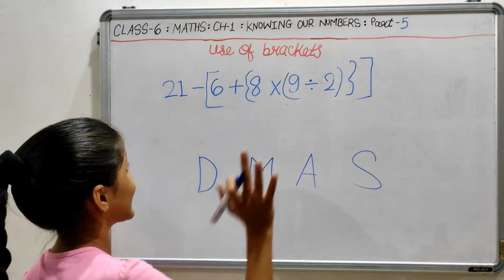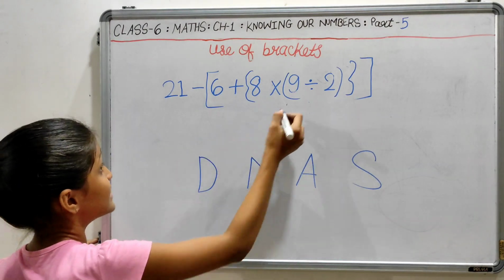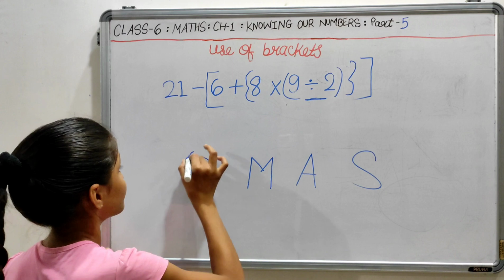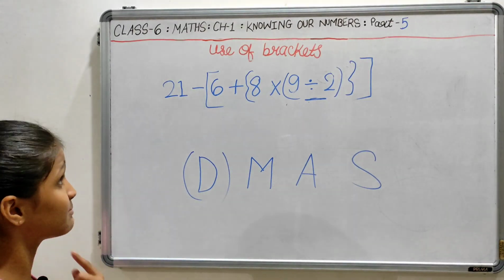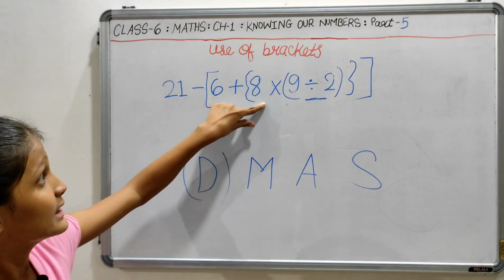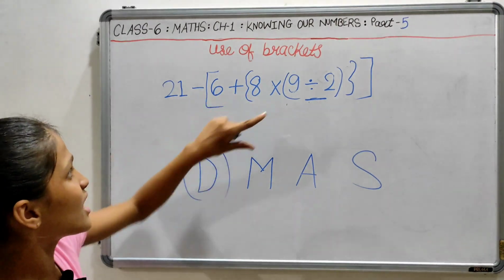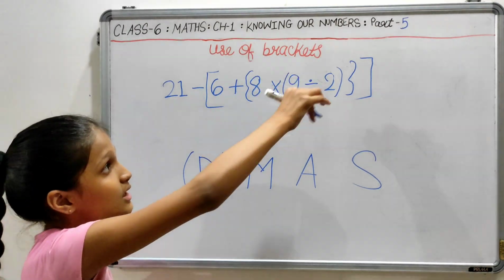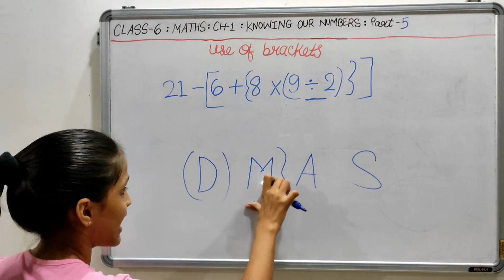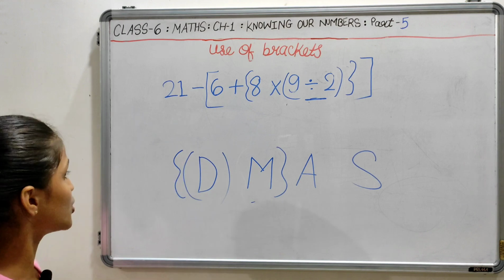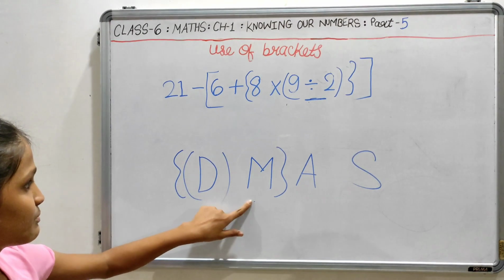We put curved brackets here because this is the division part. So we put curved brackets in the division part. Next we have this multiplication part. So we put here the curly brackets. So the multiplication part and the division part, both we put in this bracket.